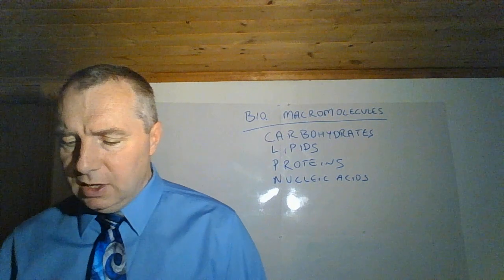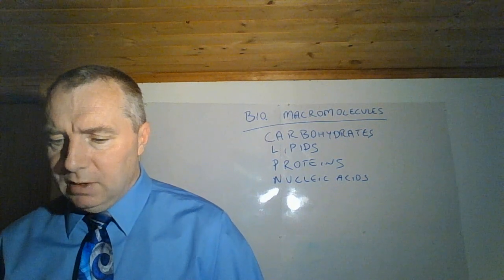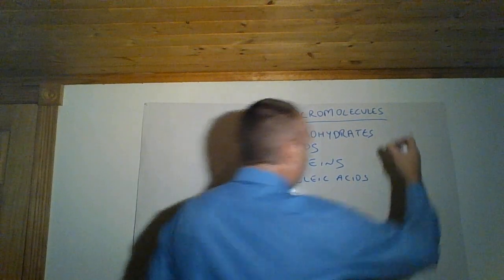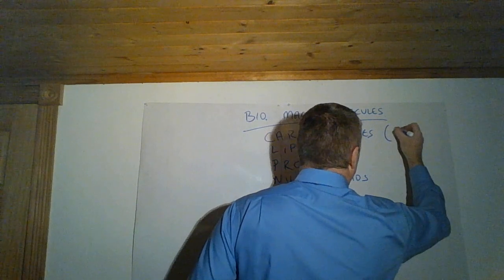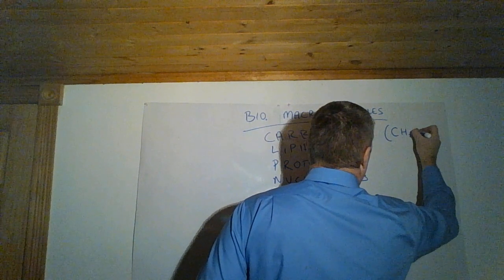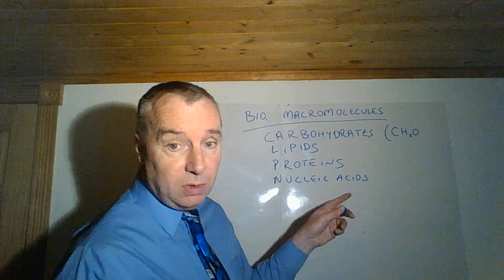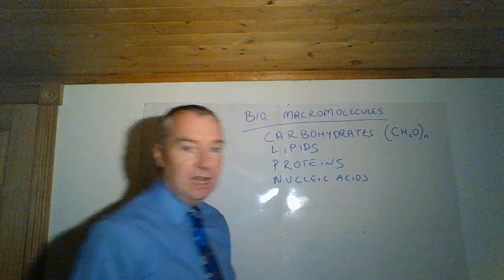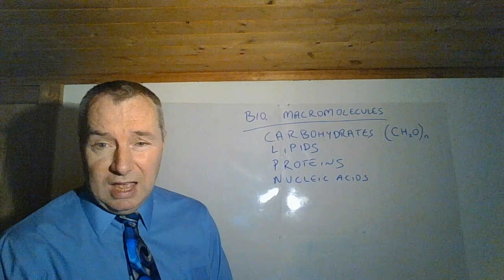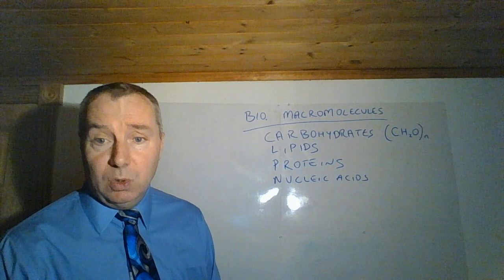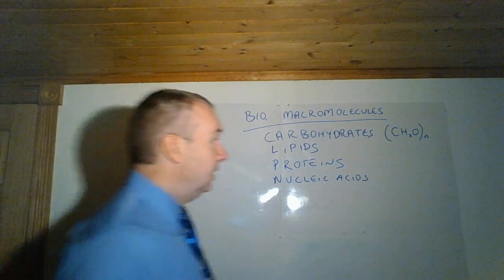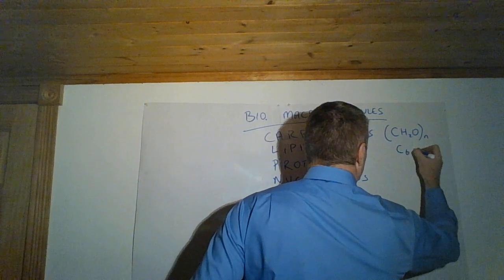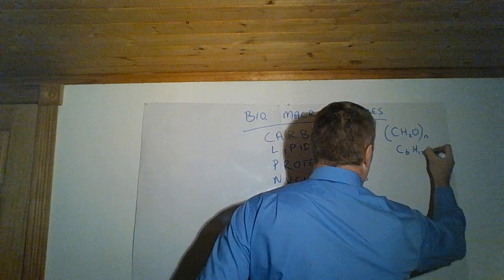So all carbohydrates, just to give you an idea, they all have the same general formula, and that is CH2O. So you have a carbon attached to a water, and then however many times that happens. So, for instance, glucose. Glucose, the n would be 6, so we would have C6H12O6.